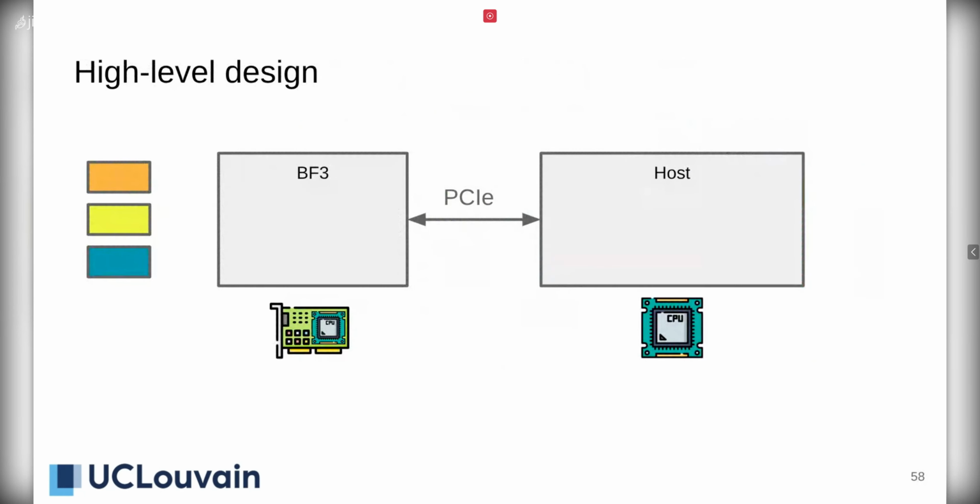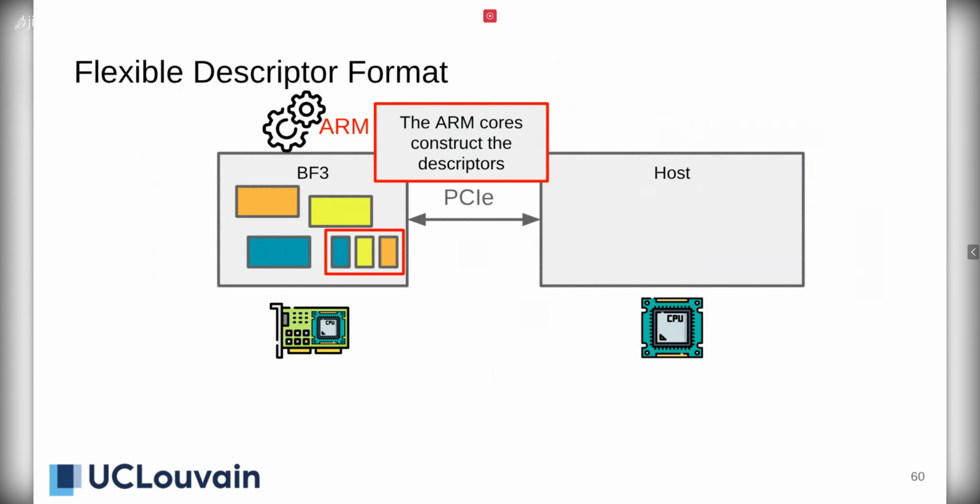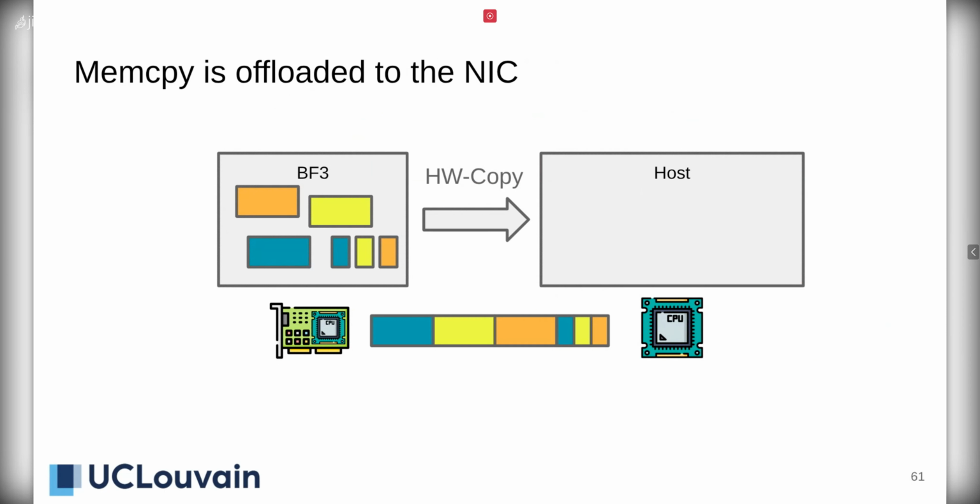I will start by giving a high-level design of ASNI. Imagine that you have packets coming in on the NIC. They are received on the SmartNIC. There we use the ARM cores to construct the descriptors, which are tailored to what the application needs. Then we rely on the hardware to serialize all the payloads and the descriptor inside a single ASNI frame and transfer them to the host.